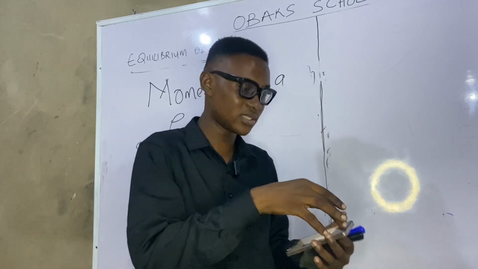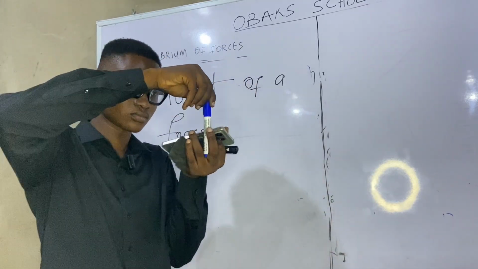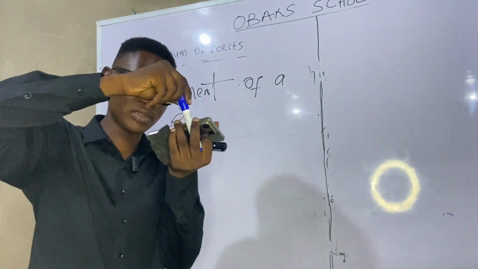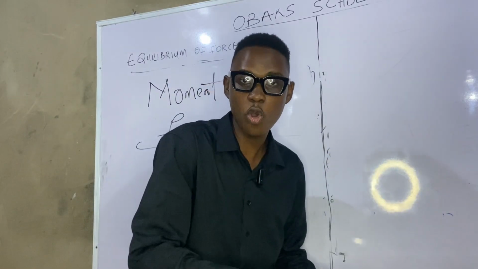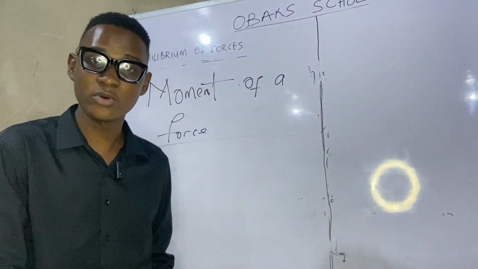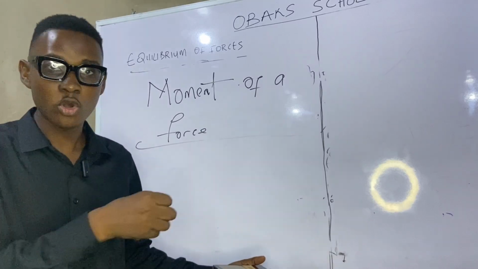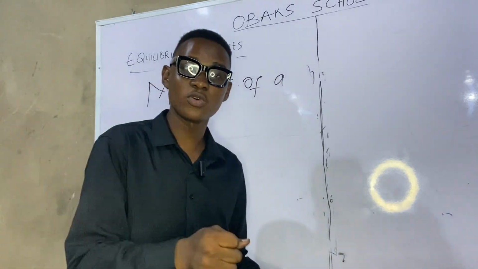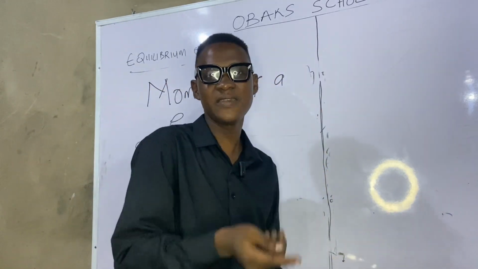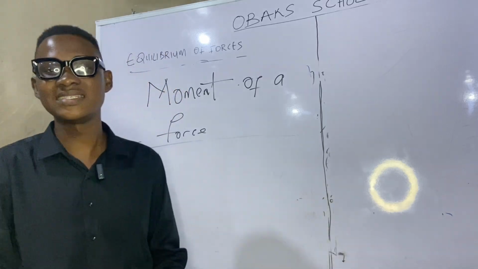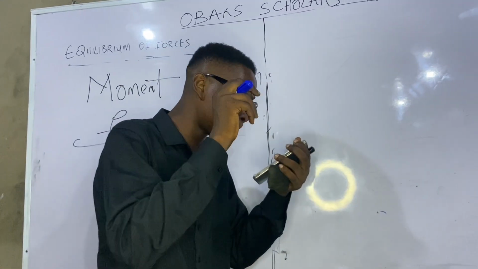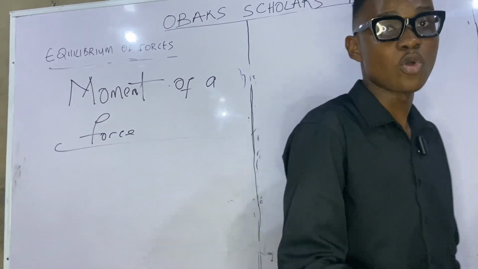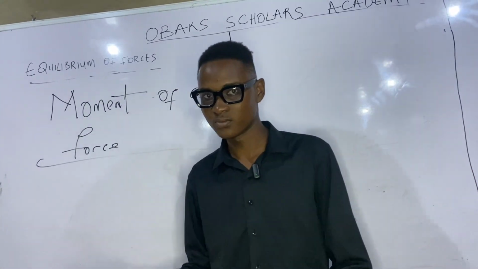So if you are turning this thing, the moment of a force is the turning effect. That means if you apply a force to maybe a door or a tap, the moment of that force is the turning effect of that force, and it is given as the product of the force and the perpendicular distance of its line of action.